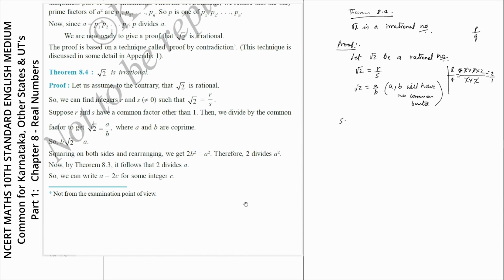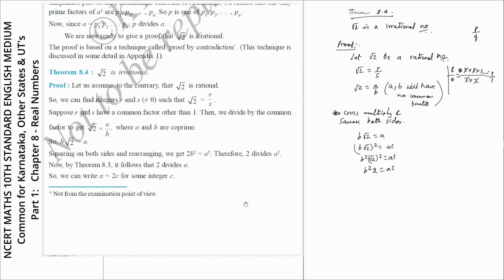Now I will cross multiply and square both sides. If I cross multiply, it becomes b into root 2 is equal to a. After that, if I square it, b into root 2 the whole square is equal to a square. So b square into root 2 the whole square is equal to a square. Root 2 into root 2 the whole square is 2 only. So 2 b square is equal to a square.